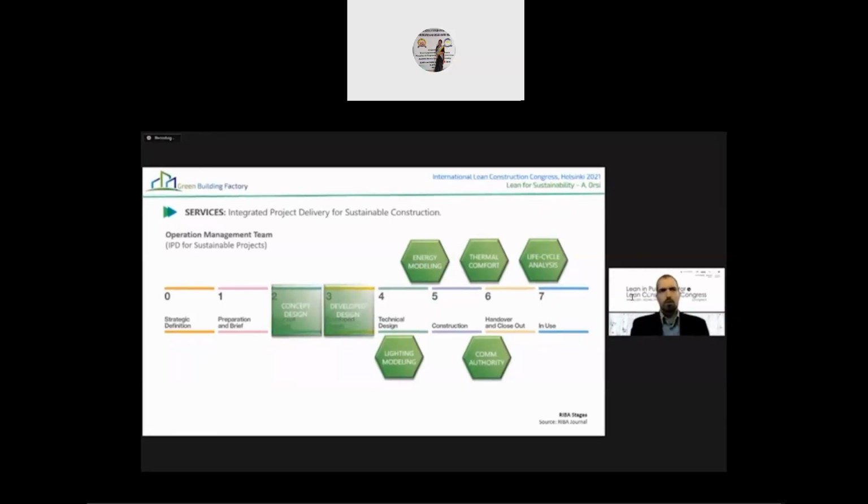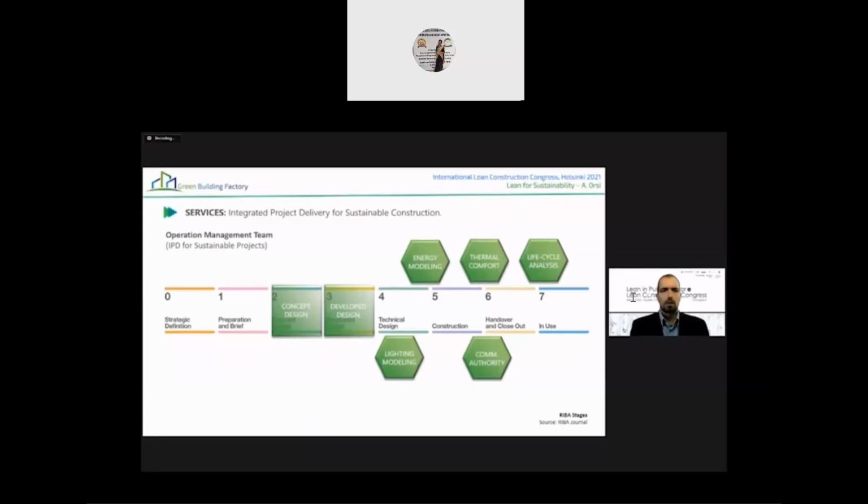Ideally, for middle range projects, we would like to be involved in the design as well, because it's like a design-build process for sustainability, and it brings a whole bunch of advantages in terms of cost, time, and sustainability.